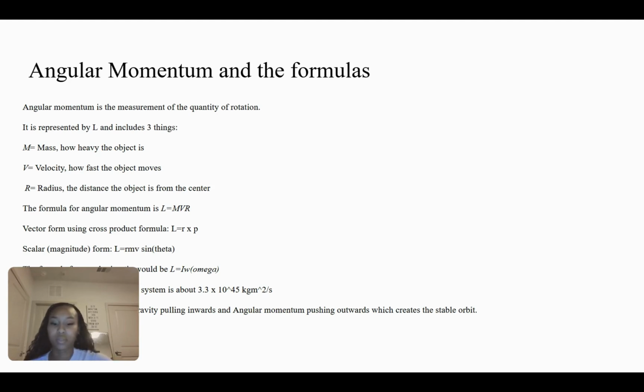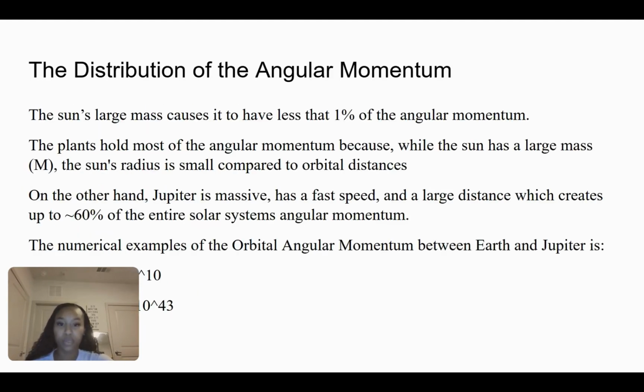And so the distribution of angular momentum: the sun's large mass causes it to have less than 1% of the angular momentum. That means that while the sun has a very large mass, the sun's radius is smaller compared to the orbital distances to other planets.